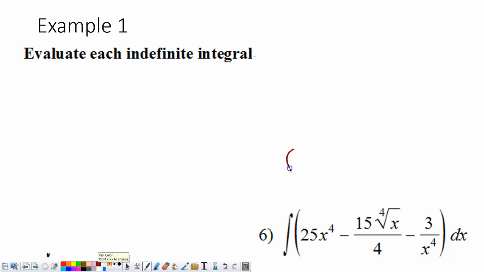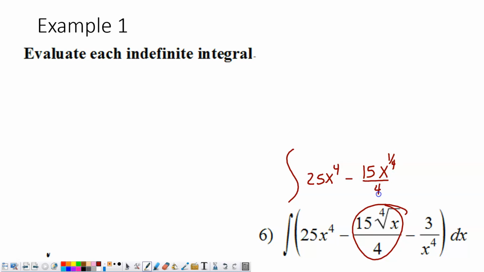But before we begin, I want to rewrite some stuff. I don't like the way that this one is written, so I'm going to rewrite it as x to the 1/4 power. I don't like the way that this one is written, so I'm going to rewrite that as x to the -4 power. Okay? Now that we have rewritten them so they're power rule ready, we can go ahead and apply the power rule.